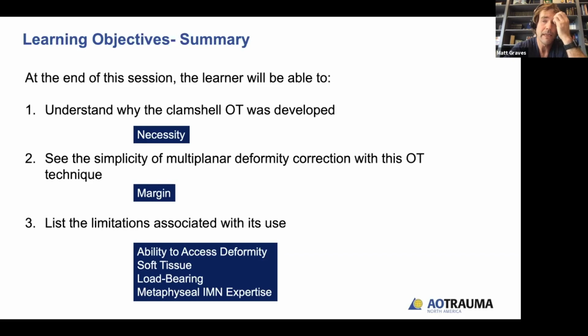So many times the osteotomy is extended such that you have a metaphyseal nailing procedure as opposed to a diaphyseal nailing procedure. And you have to be significantly, I would say, versed in metaphyseal nailing techniques if you're going to choose this for deformities like that.